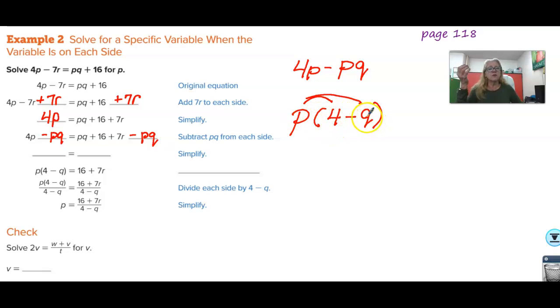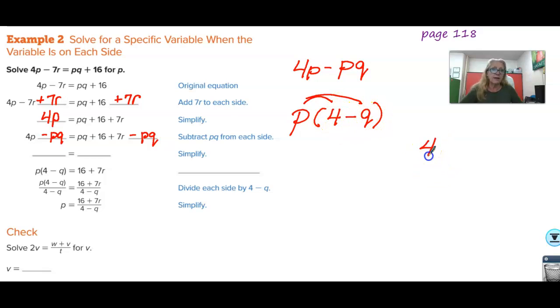All right? So when we factor, we undistribute. We ask ourselves, what common factor exists in both of these terms? And we see that this one has a p and this one has a p. So we can divide out the p's. And then we're basically undoing the multiplication. So we're pulling those p's out and we're leaving what's left, the 4 minus q, in the parentheses, right?